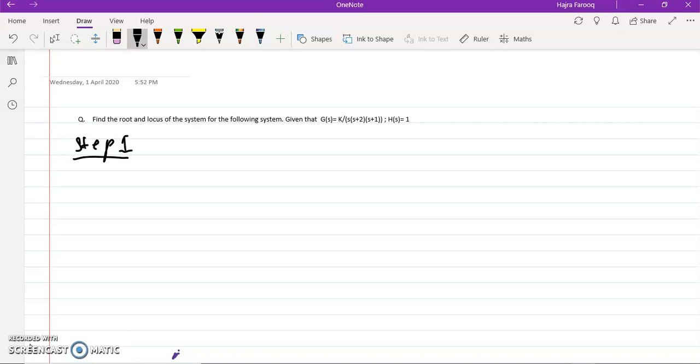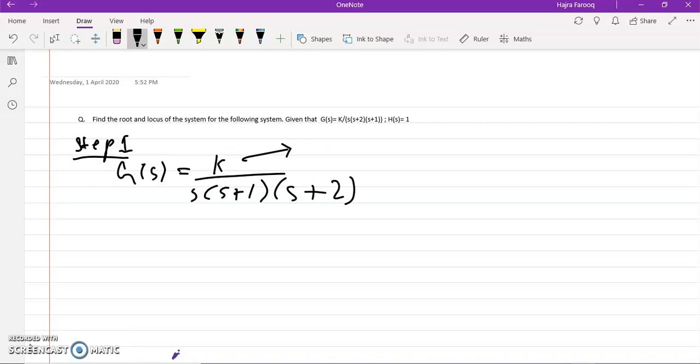we have to find how many poles and how many zeros there are. So as our question is, G(s) is equal to K over s into (s plus 1) into (s plus 2). This denotes the number of zeros, while these all denote the number of poles.